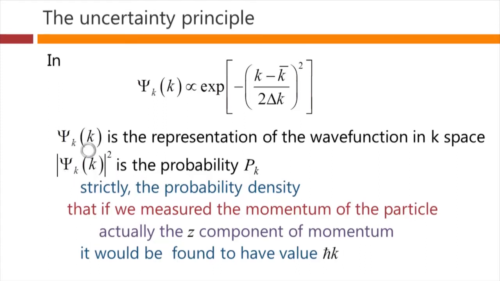So we're interpreting this as a probability or probability density that the particle would be found to have momentum in the z direction of value h bar k.